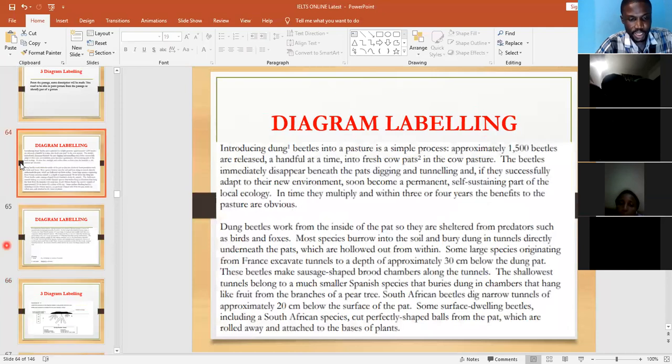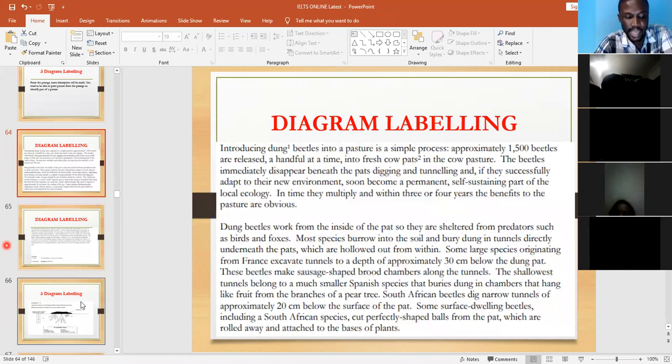If you read the paragraph well, you'll be able to decode it. It's telling you that the French version of the dung beetle is about 30 cm. It says the shallowest is the Spanish, and the South African is 20 cm.